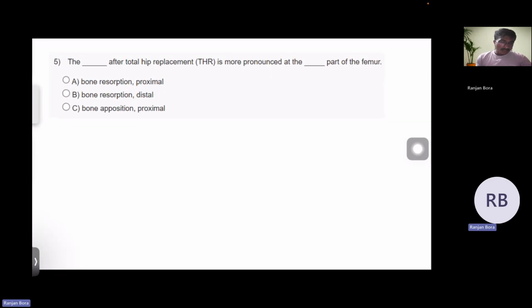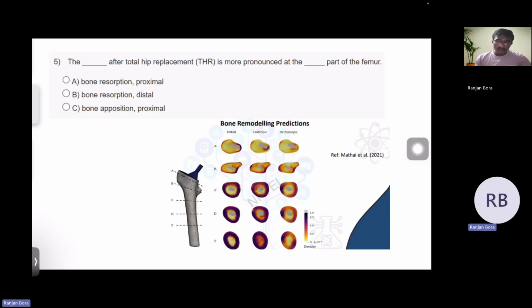Next question is: dash after total hip replacement is more pronounced at the dash part of the femur. For this question, we have to refer to one slide from the lecture content, in which we can see this study by Mathai et al. in 2021.